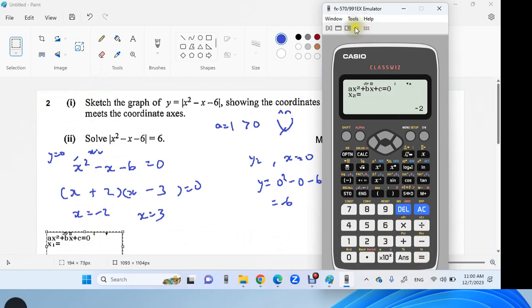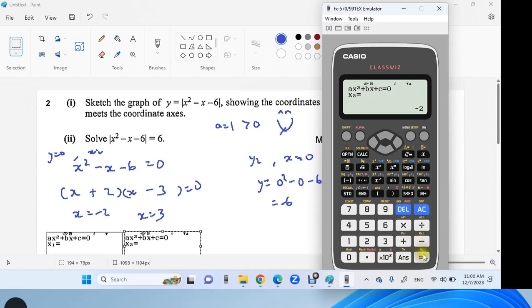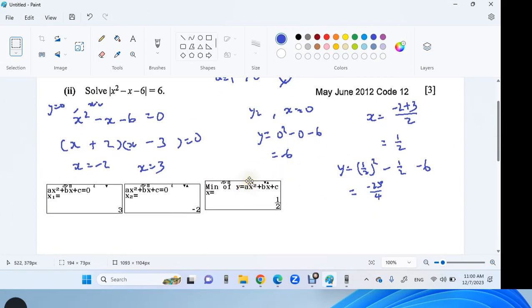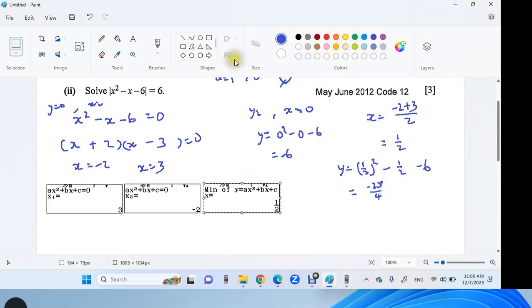And x2 equals negative 2. Okay, this is the other root. And then we have x equals 1 over 2 is the minimum value of y. Okay, x equals 1 over 2, the y is minimum. So the minimum value is negative 25 over 4.